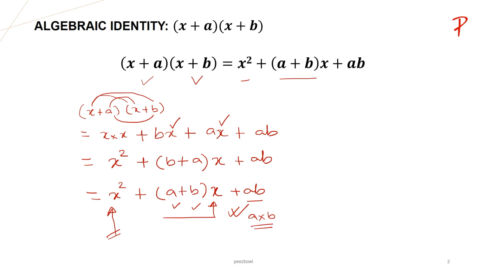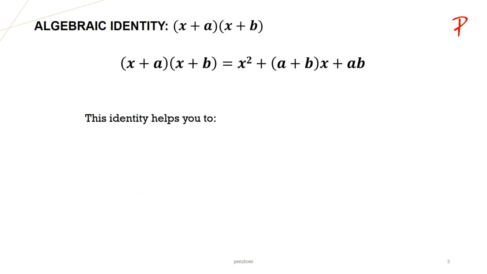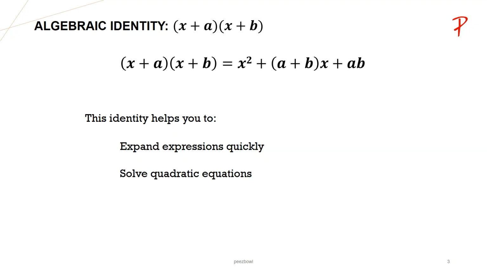So (x + a)(x + b) is equal to x² + (a + b)x + ab, right? This identity helps you to expand expressions quickly, solve quadratic equations, and factor polynomials easily. It is a shortcut that saves time and makes math simpler, right?